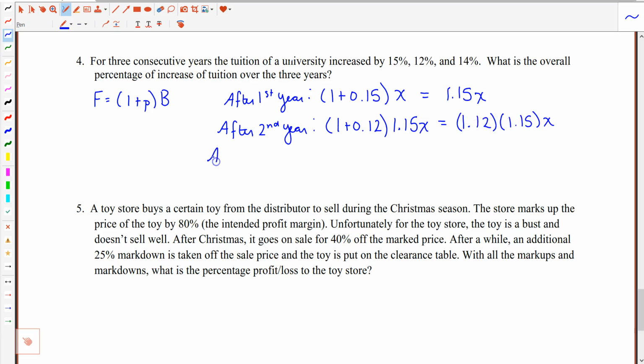So then after the third year, I want to do a 14% increase, so 1 plus 0.14, and it's going to be a 14% increase on top of what it was the previous year. Well, this is my expression for what I had going on the previous year. So then I would have this copied down.